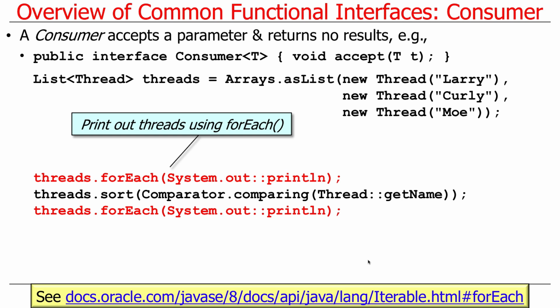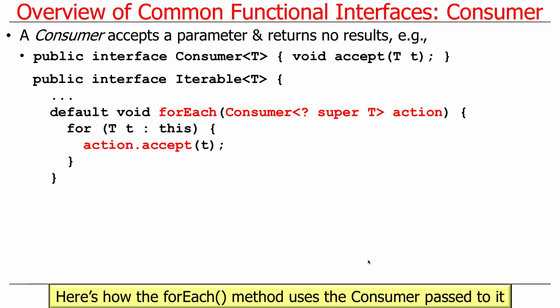As you can see, there's a for each method that's part of iterable. List implements iterable ultimately. And now we're going to print the results out. We're going to be passing in a method reference, System.out::println, which is just a way of referring to the println method. Here's what the for each method looks like.